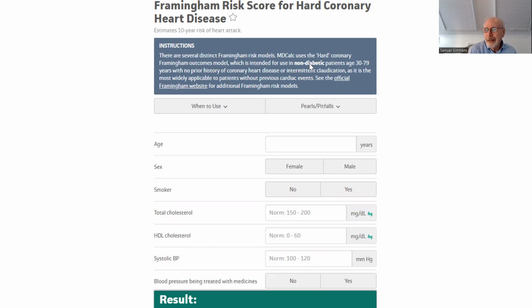You just feed in the information, assuming you have all of it, and out comes the estimated probability that you would have a cardiovascular heart event in the next 10 years or something like that. Behind the screen, of course, is basically a formula.